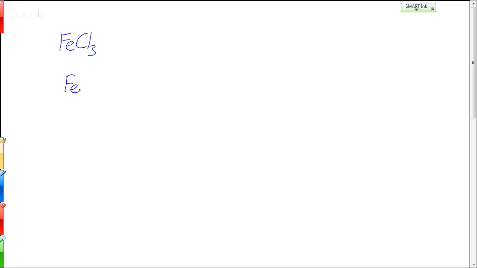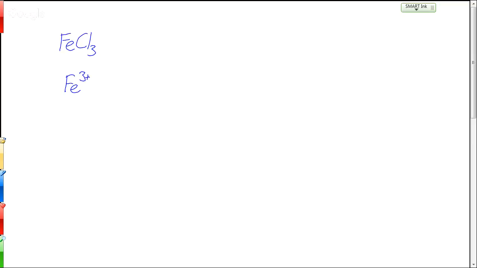Close, yeah, +3. It's got to be +3 because there's 3 chlorides in this compound. Each chloride is -1, so you need +3 on the iron to offset the 3 -1s. So the oxidation state is also +3. That's always how it is for ions.